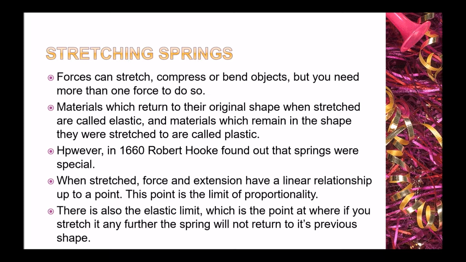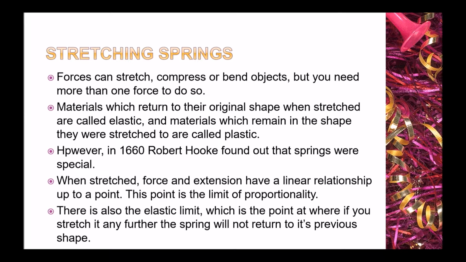However, in 1660, Robert Hooke found out that springs were special because when they're stretched, force and extension have a linear relationship up to a point, which means that there is an exact relationship between them. For example, extension is always 2 times whatever force is.